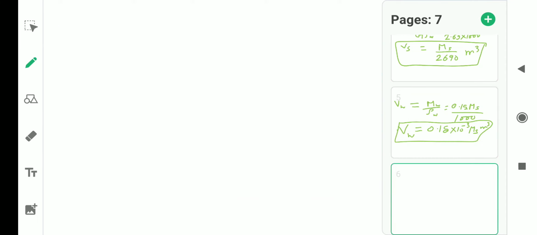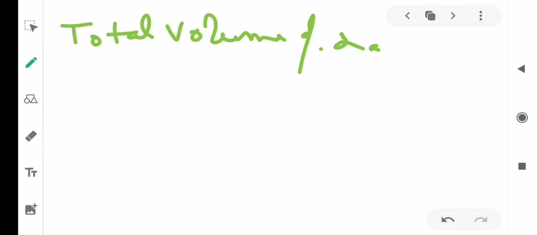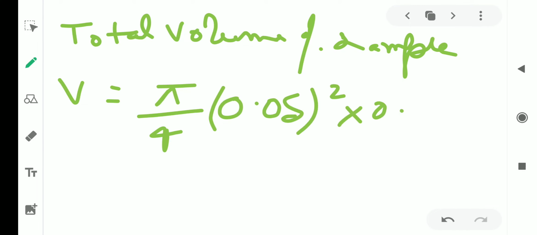Now moving ahead, total volume of sample. V is equal to, it is cylindrical, so pi by 4, 0.05 square into 0.10.